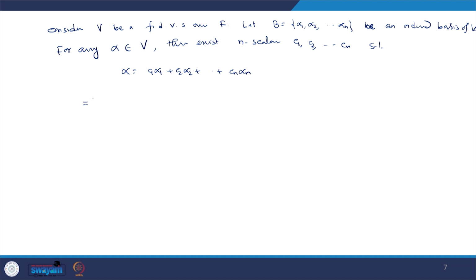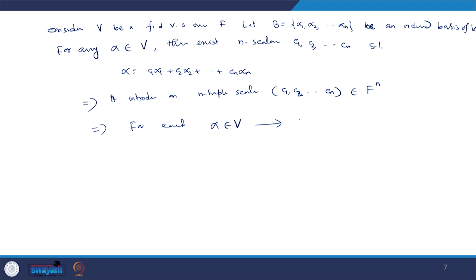So, this introduces an n-tuple of scalars, that is c_1, c_2, ..., c_n, which belongs to F^n. So, for each alpha belonging to V, there exists an n-tuple c_1, c_2, ..., c_n in F^n.